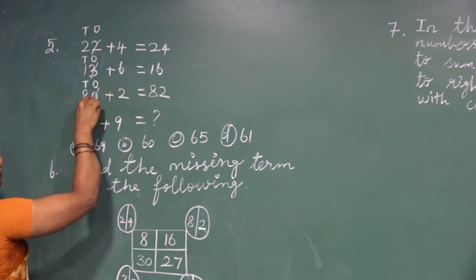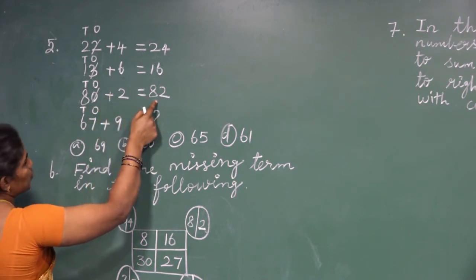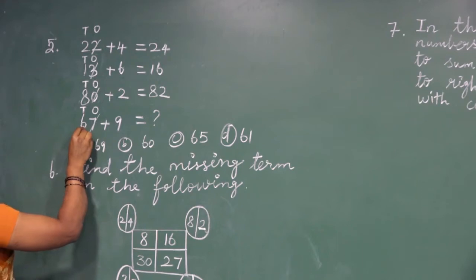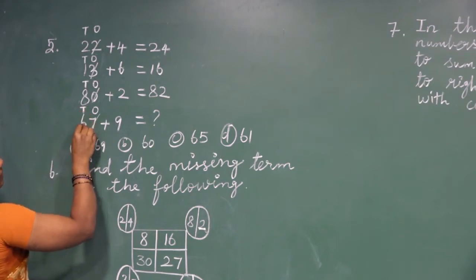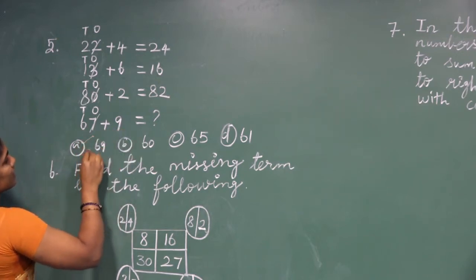Here also leave the ones place. 8 tens are 80. 80 plus 2 is 82. Here also leave the ones place. 6 tens are 60. 60 plus 9 is 69. So the answer is 69.